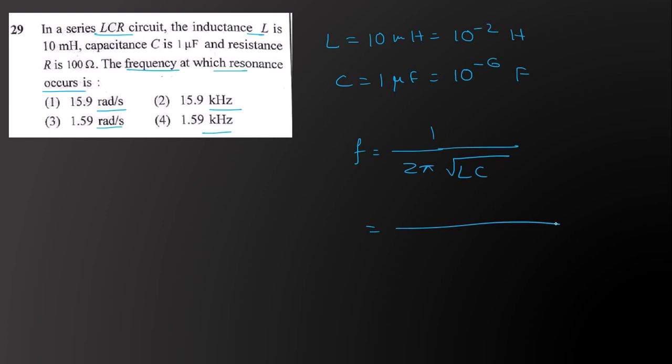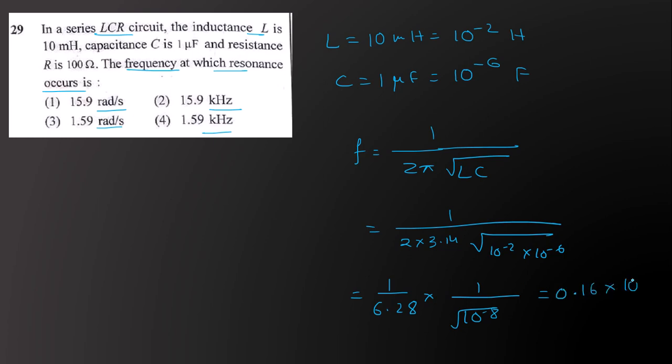Let's calculate that one. So this is 1 by 2 into 3.14 into root of 10 power minus 2 into 10 power minus 6. This will be equal to 1 by 18 into 10 power minus 4, I assume that this is 1 by 6, so let's say this is 0.16 into 10 power 4.